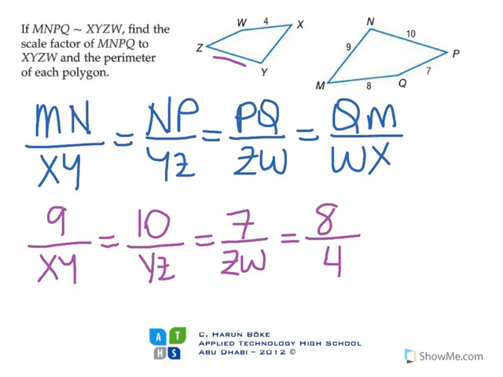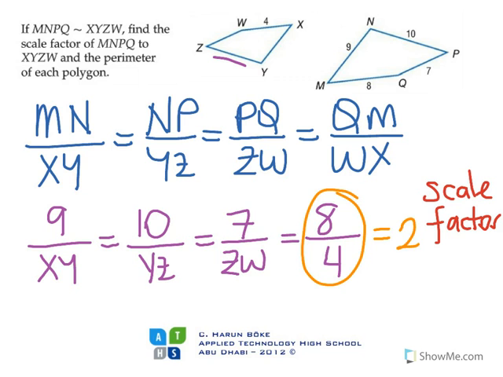Now here, this ratio 8 over 4, which is actually 2, gives us the scale factor, which tells us how many times MNPQ is bigger than XYZW.